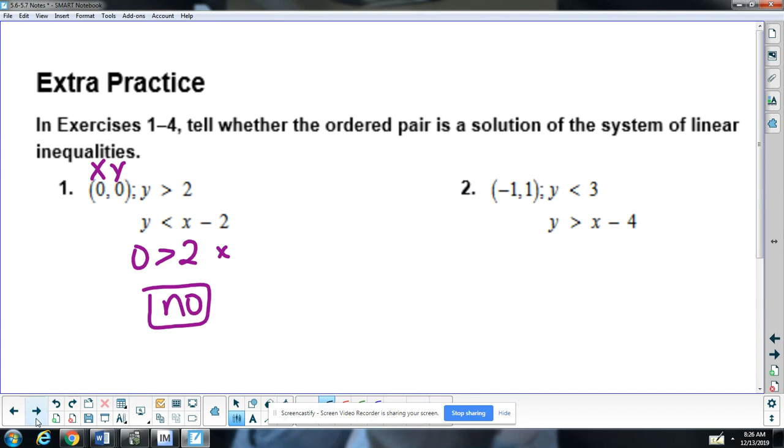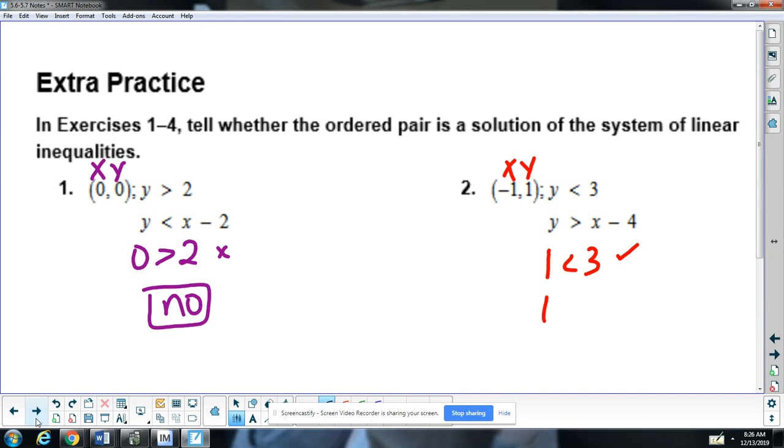So on number 2, I have -1 for the x and 1 for the y. So in my first inequality, I'm going to put in a -1 and bring down my less than 3. Then ask myself, is 1 less than 3? Yes, it is. So now I need to check the second inequality to see if it is a solution.